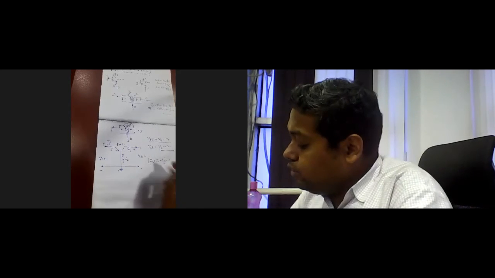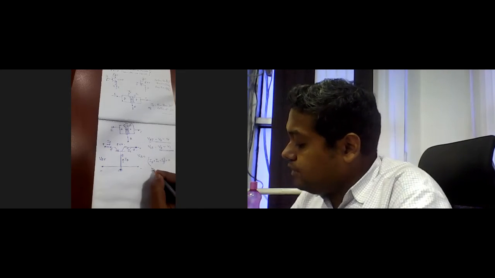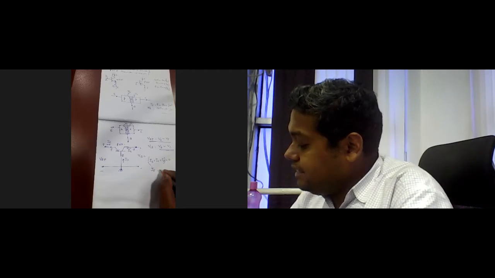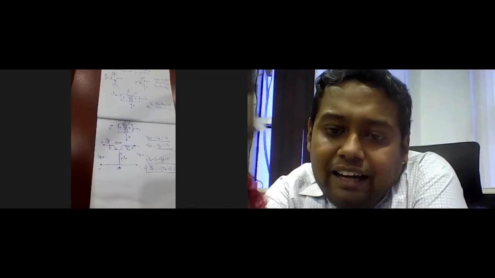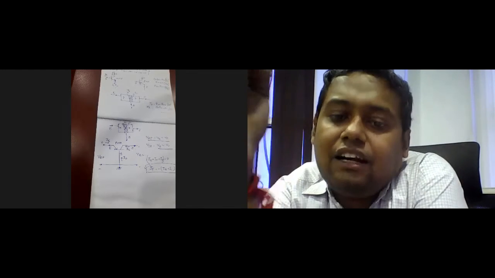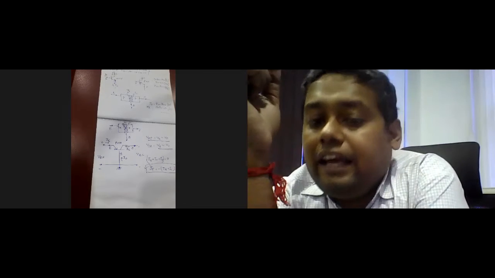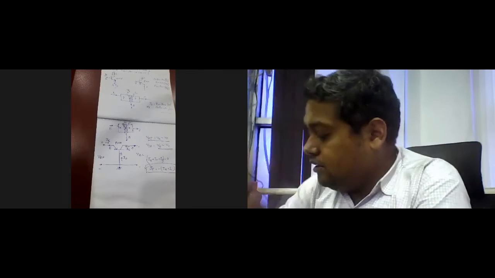So IE is equal to minus of IB plus IC, according to the current direction. Normally the emitter current is the algebraic summation of the base current and collector current. So this is for the PNP type transistor.